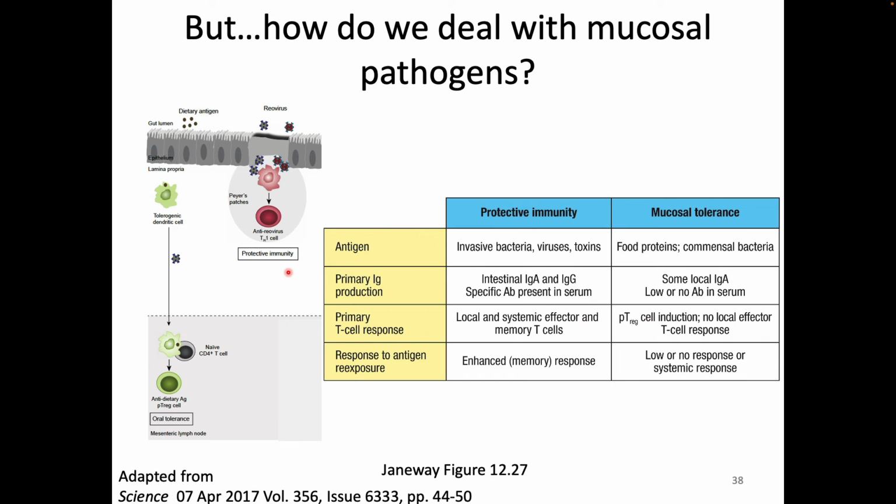Remember how we talked about what things take so long in making an adaptive immune response? In the mucosal tissues, we cut out some of those steps to try to make that response not take as long and try to get rid of the microbes quicker in the situation where we need to get rid of those microbes.